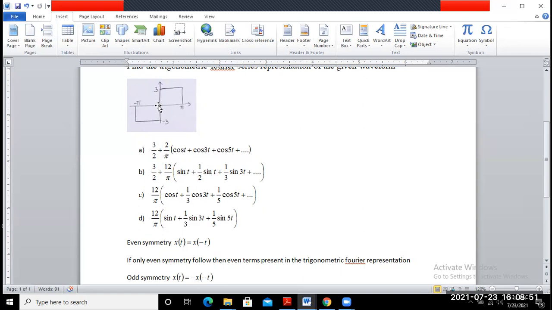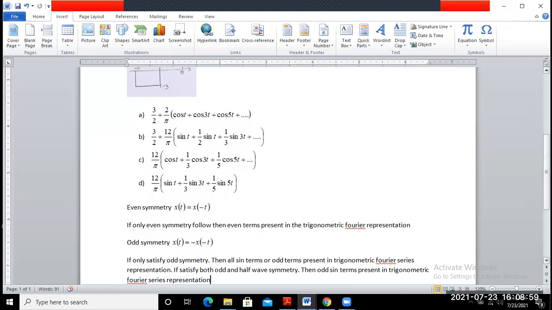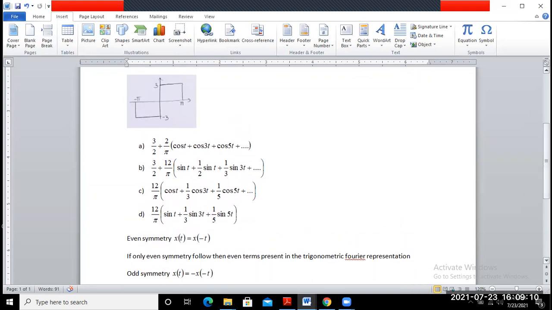If the odd symmetry condition is followed, then, as we have written here, all the sine terms are present. Now check whether the odd symmetry waveform may also follow the half wave symmetry. How can you check the half wave symmetry?